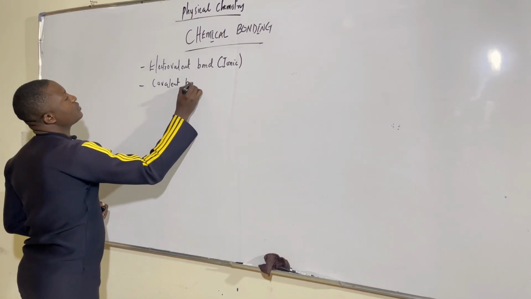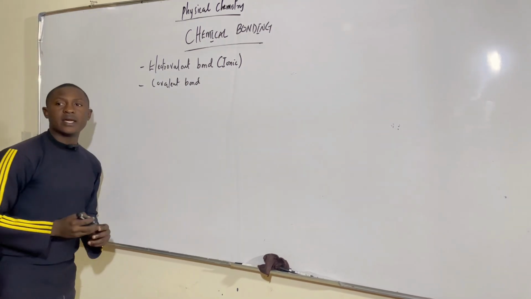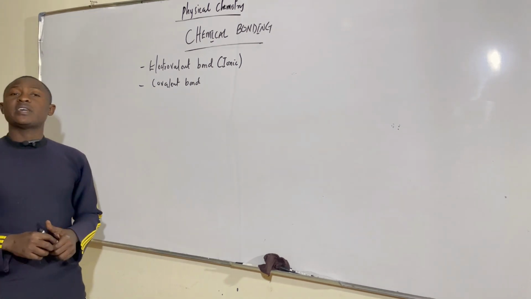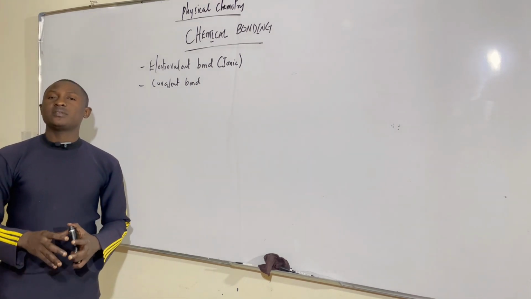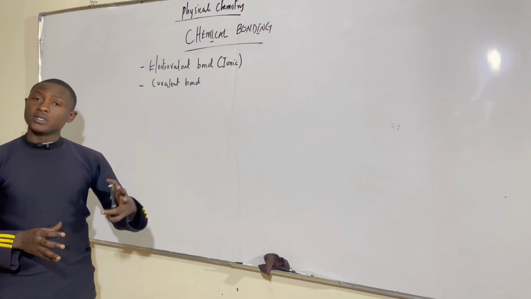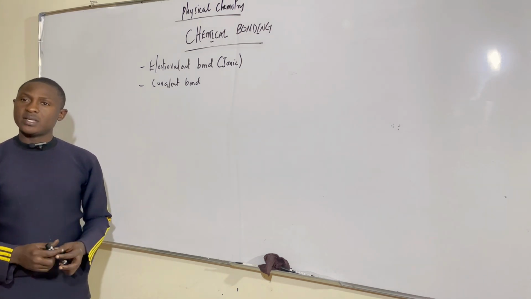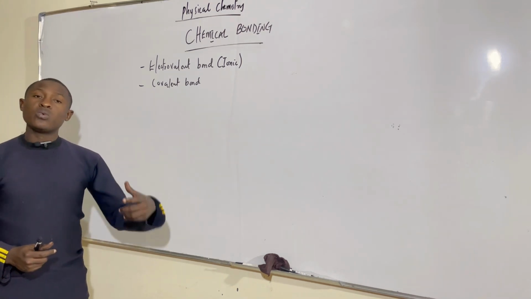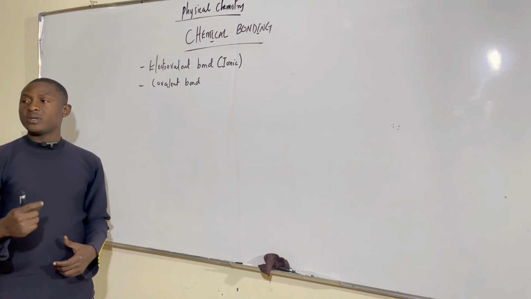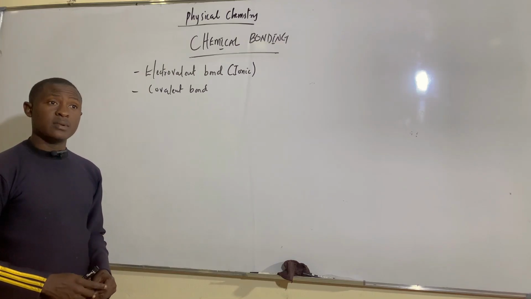So when we are talking about ionic bond, it's a type of bond that deals with transfer of electrons from a metallic element to a non-metallic element. That is, under that case, one has to be a metallic element and the other one has to be a non-metallic element. What are we trying to say?